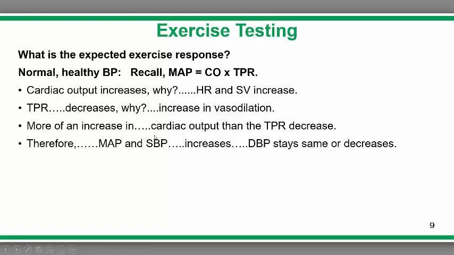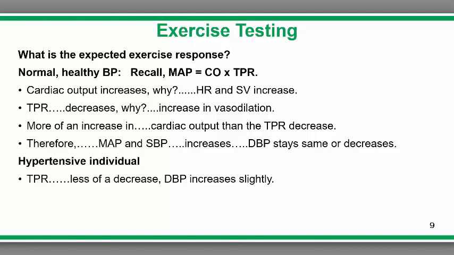The reason systolic blood pressure will increase is because of this increase in heart rate and particularly stroke volume. So the heart's pushing out more blood more forcefully, and that's going to drive up mean arterial pressure. But during the relaxation phase, that pressure generated inside the cardiovascular system will tend to stay the same and may actually slightly decrease.